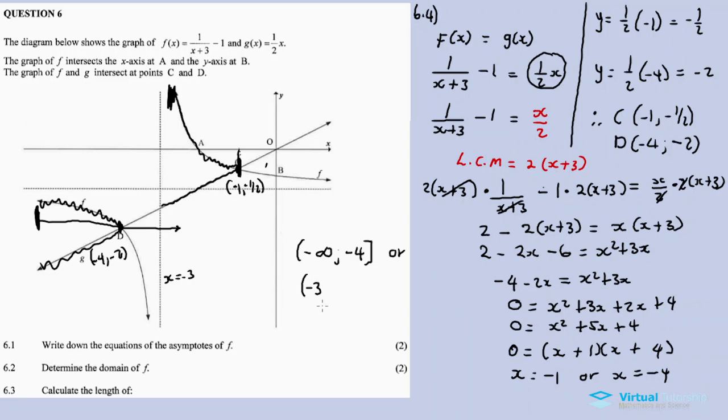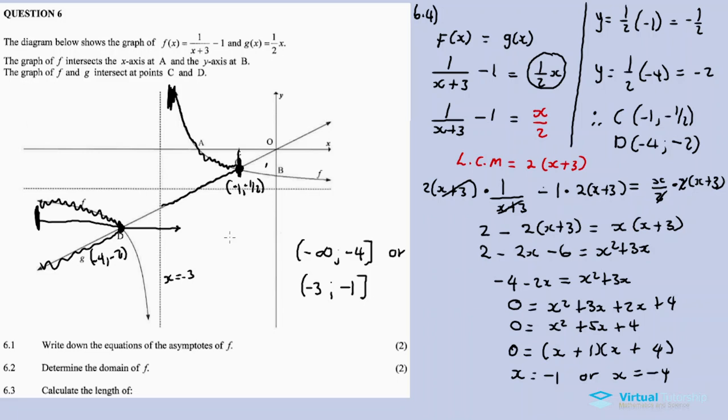Whenever x is from negative 3 to negative 1, which is the x coordinate for point of intersection C, minus 1 included. Here the graphs are equal. Whenever x is equal to minus 1, our graphs become equal. Whenever x is equal to minus 4, the graphs become equal.